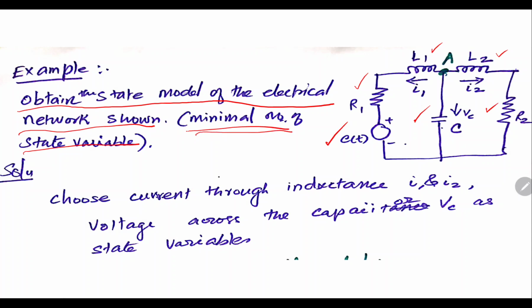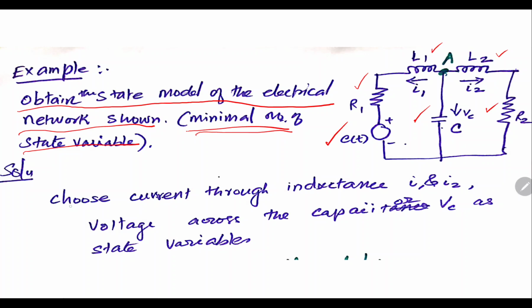When we look at this, we have two inductors and one capacitor, and these inductors and capacitors are mainly used to define state variables, and the resistors are mainly used to take the output. So here there are three components, two inductors and one capacitor. So the state variables are three.